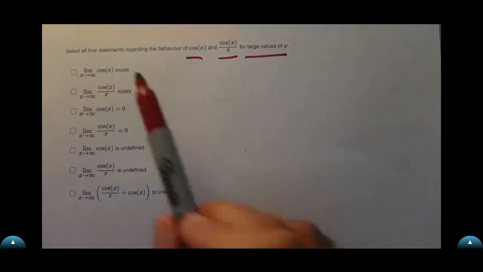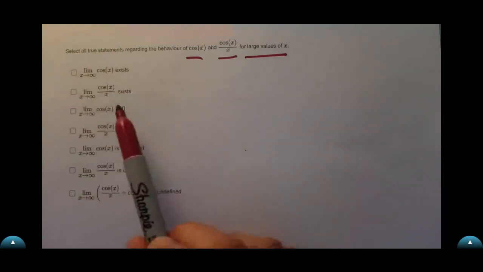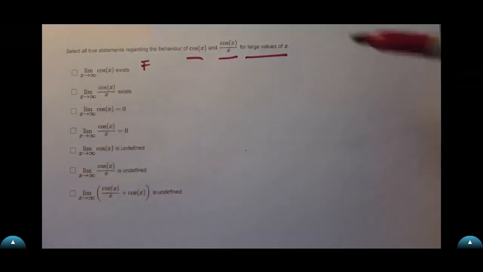We've got two functions here, cosine x and cosine x over x for large values of x, large and positive, right? So, Steve, you think this is false? Okay, it's definitely false. Why? Because the limit, I mean, cosine x just goes up and down and up and down.